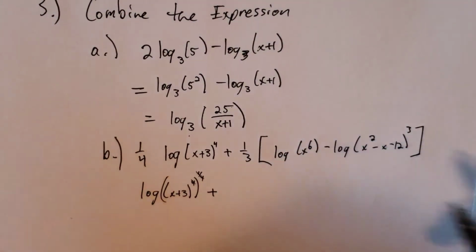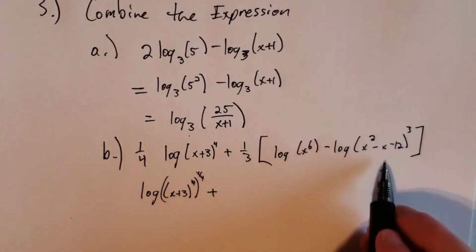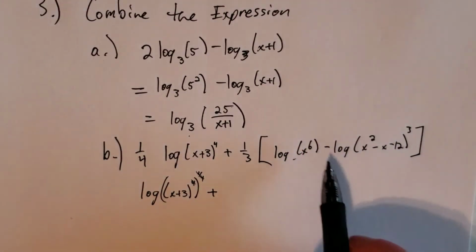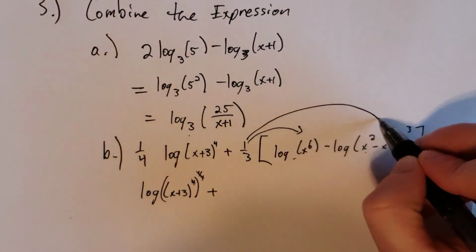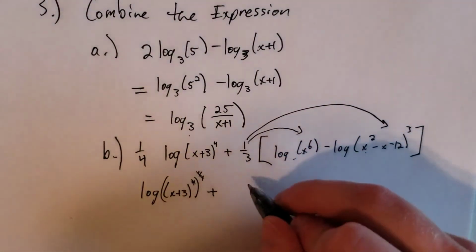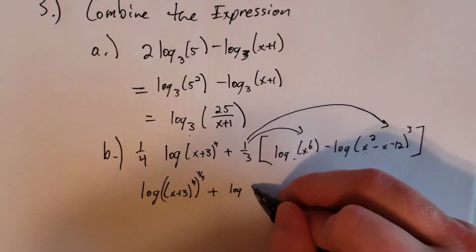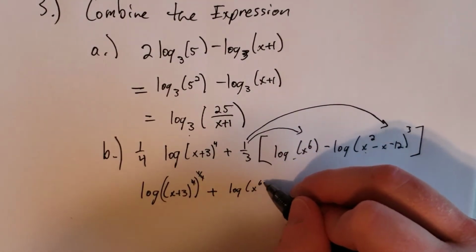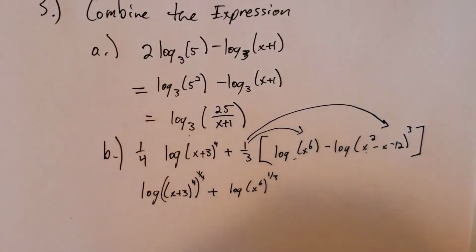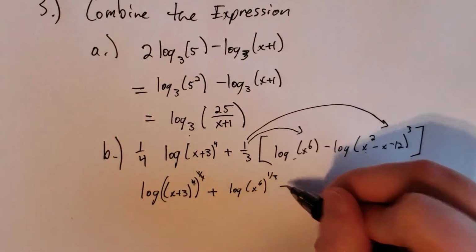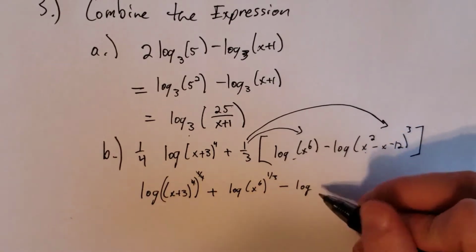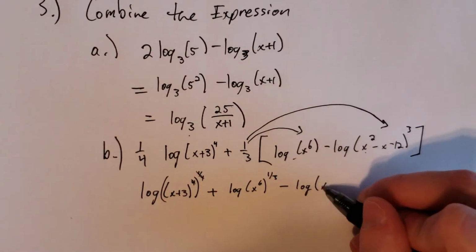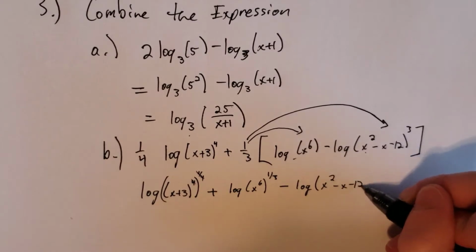And over here we have plus. This 1/3 distributes, so that goes to the exponent of both of these. So this is log of x to the 6th raised to the 1/3 minus log of x squared minus x minus 12.